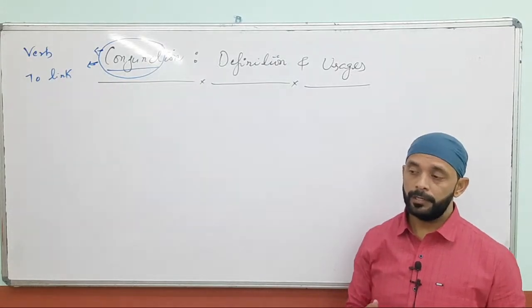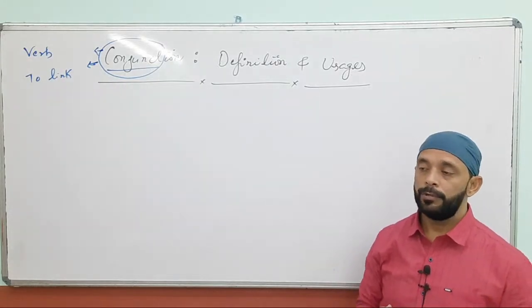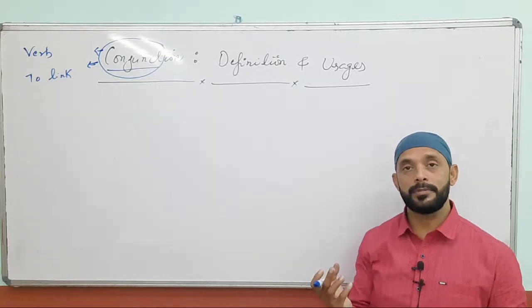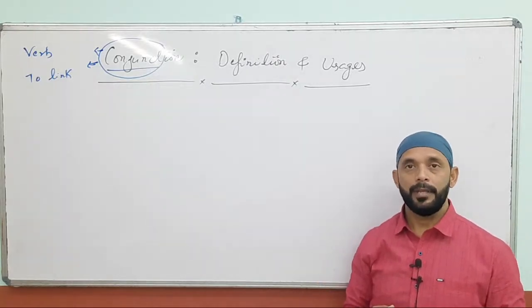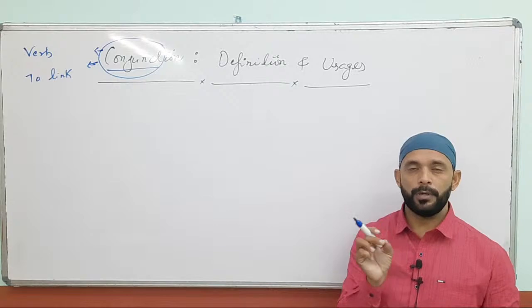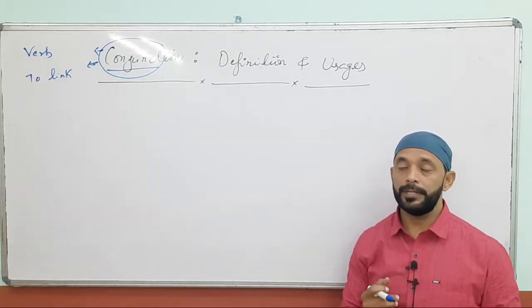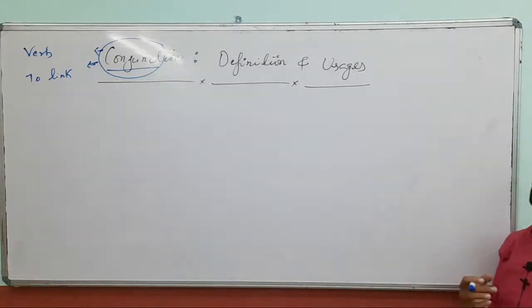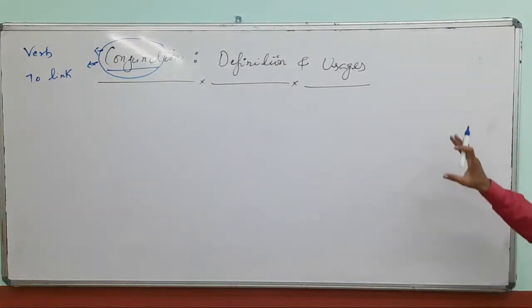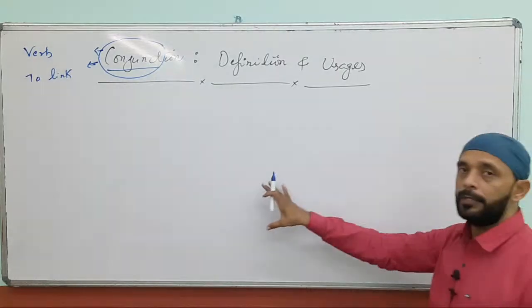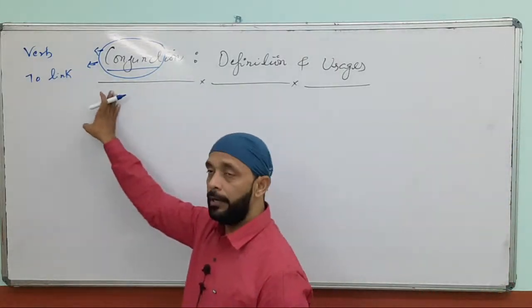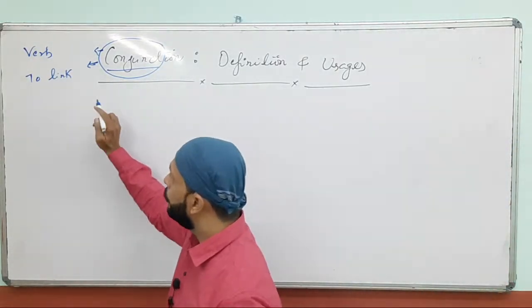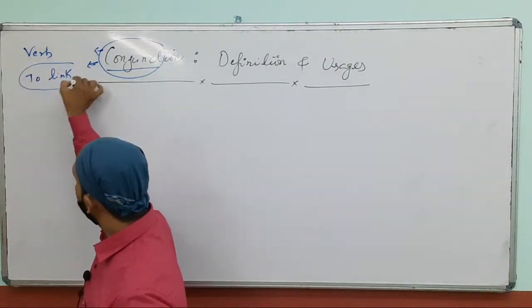Like if you need an object, you go to the branches of noun and pronoun. If you need something to link, you go to the branches of conjunction. So it's like a family, and in that family, conjunction is given the role to link.